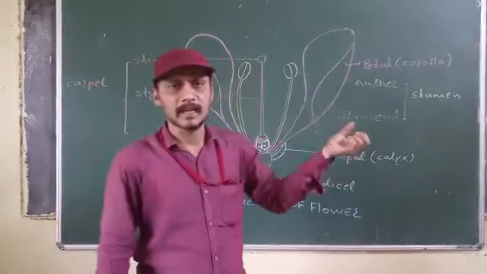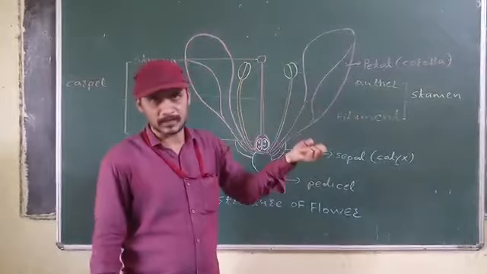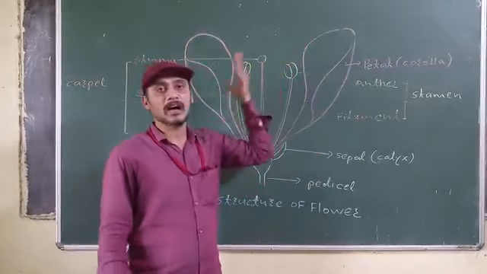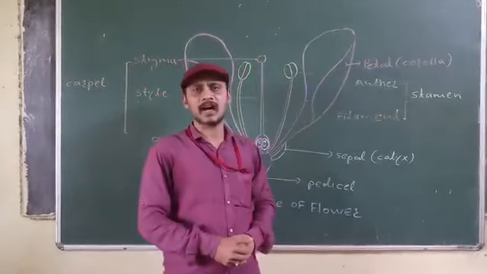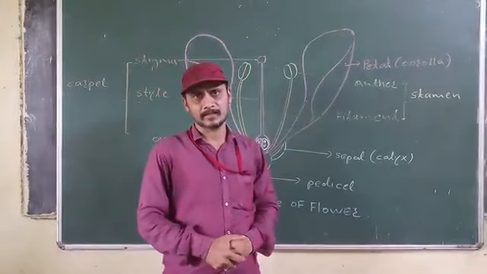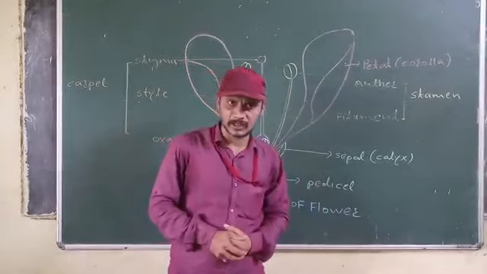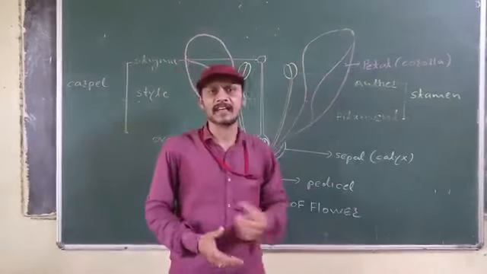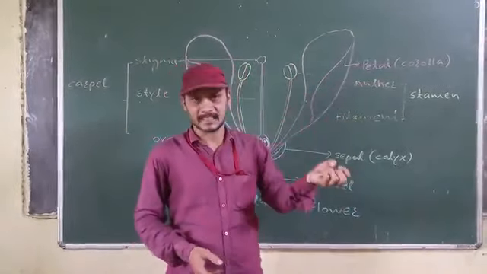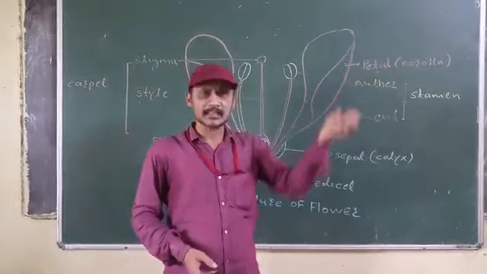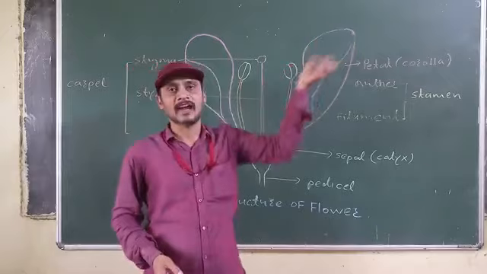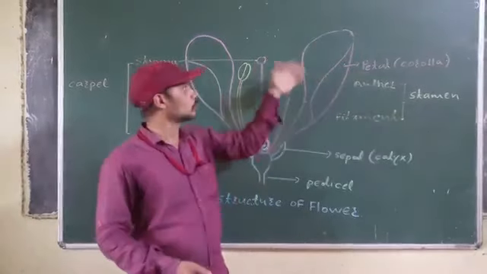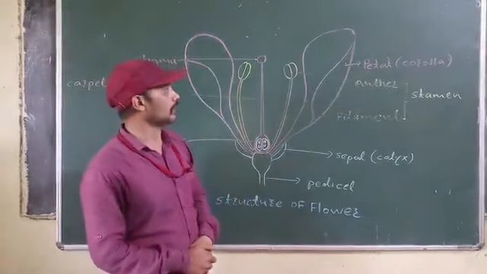It is observed that in insect pollinated plants, the petals are colored, and these petals are also scented. Some scent glands secrete a fragrance which attracts the insects. So in insect pollinated plants, the petals help to attract insects. That is the importance of petals.